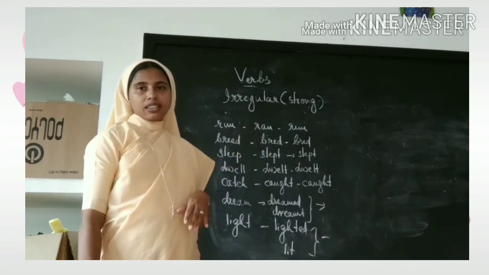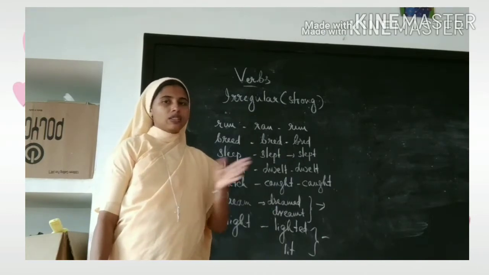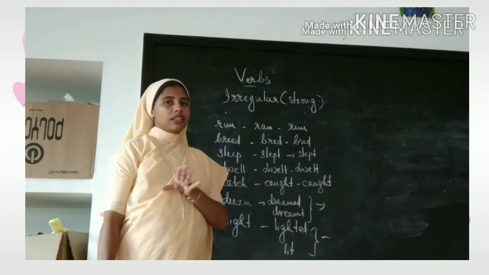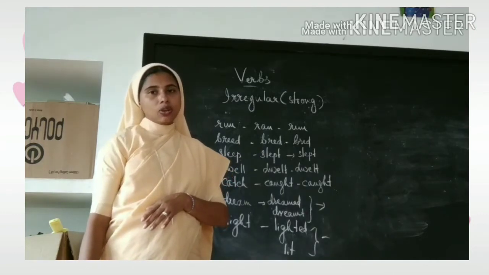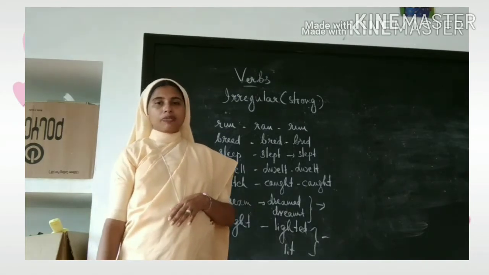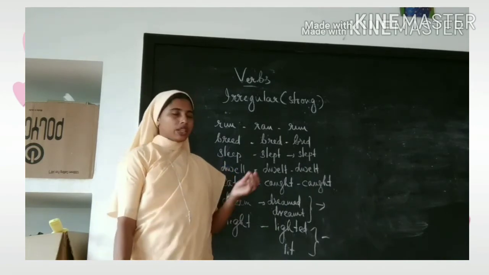That's a mistake in the text. Okay, so please make sure that you understand the concept that regular verbs are formed only by using ed or d in order to make their past and past participle. That's a mistake in your text. Please make it clear.